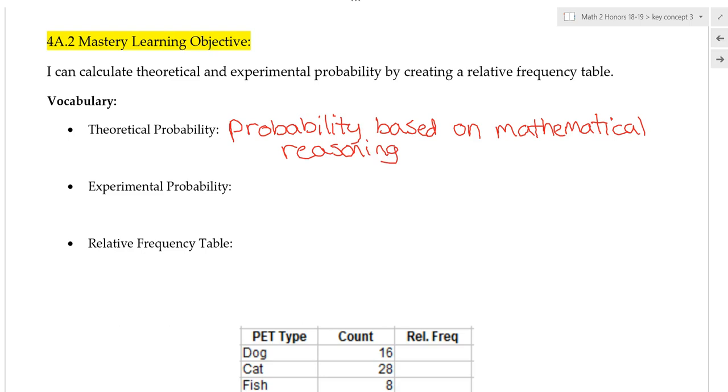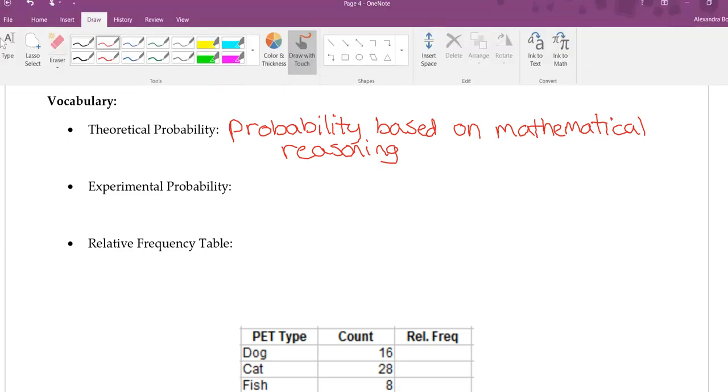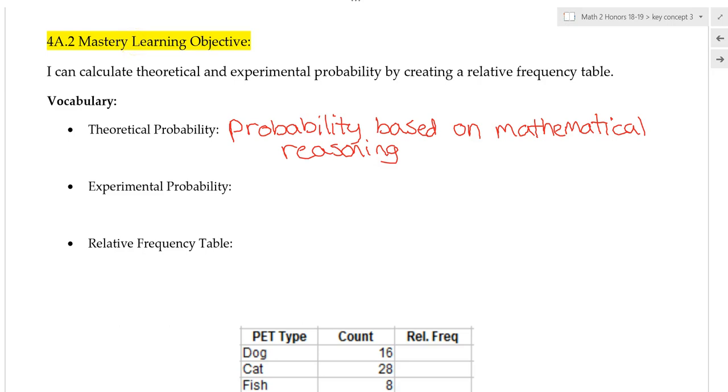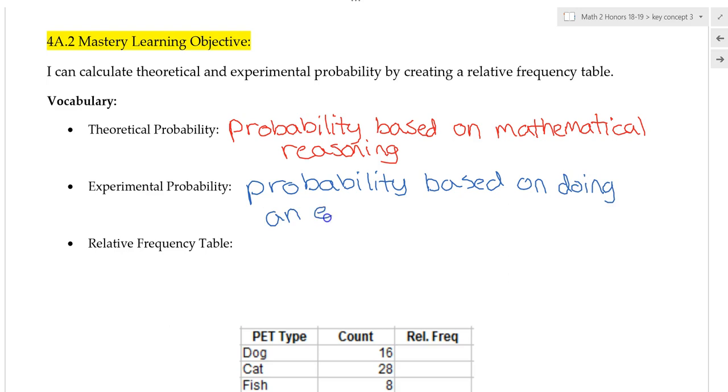Then we have experimental probability, and experimental probability is probability based on doing an experiment. So for example, if we're talking about rolling a die, we use this as an example a lot.